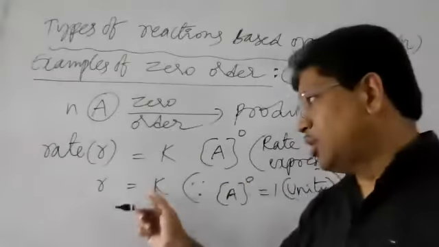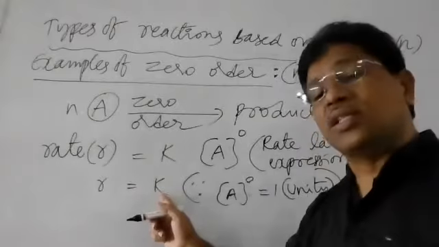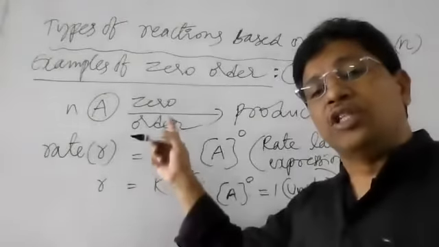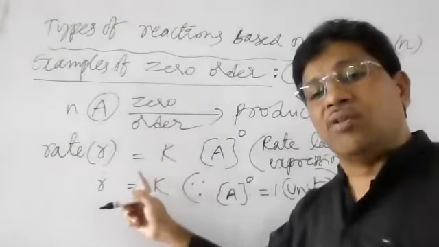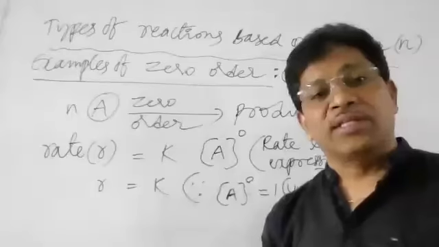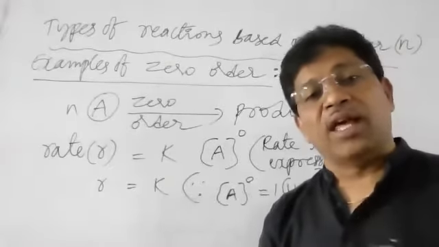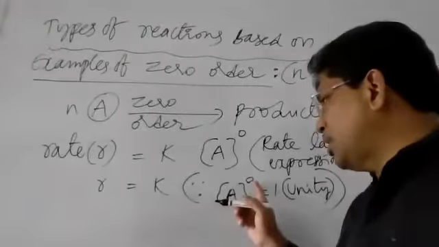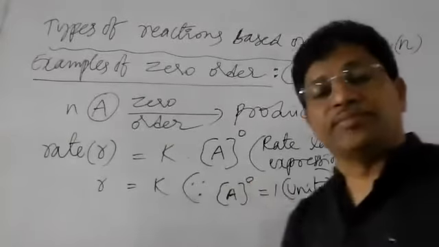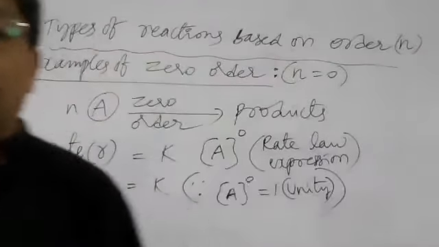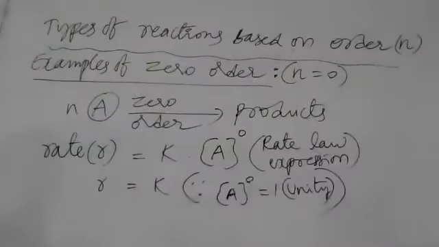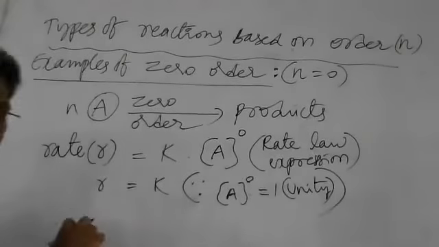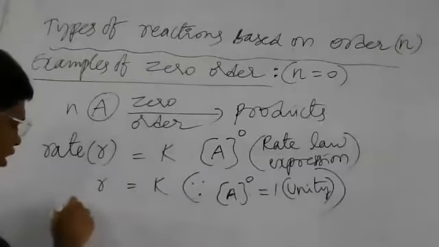Okay. So now in this case, the rate constant of zero order reaction is equal to rate of reaction, where the concentration of reactant to the power of N is equal to unity. So this is about zero order reaction.